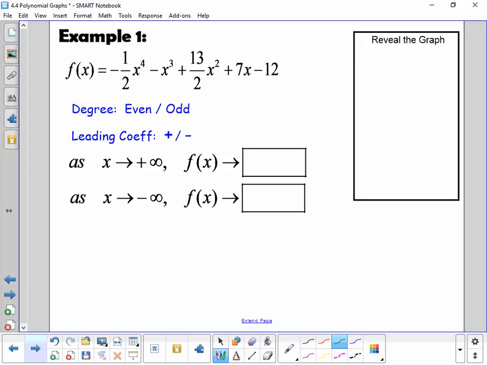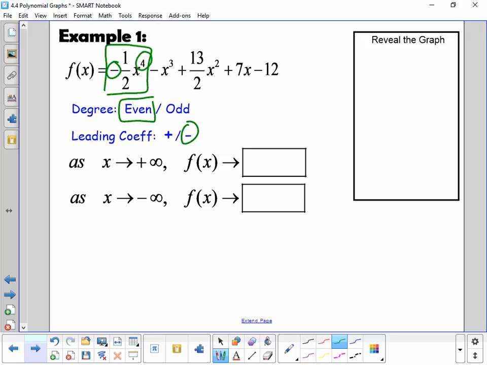So let's just see if we can figure this out. Example 1, we have -1/2 x to the fourth plus a bunch of other terms, but if we want to determine the end behavior, really it just depends on this first term. This happens to be an even degree polynomial, and the leading coefficient of this is negative.